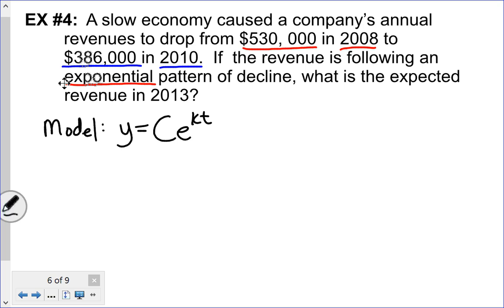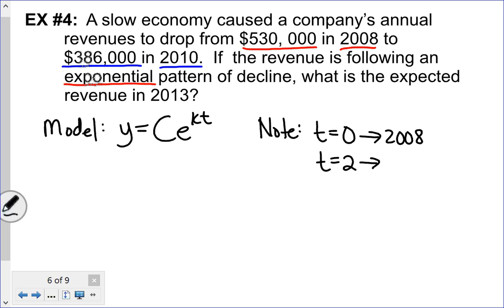So some things to make a note of. We're going to note that when t equals 0, that's going to be the year 2008. So we want to remember, when we use dates, we hardly ever use 2008 for the time. We would call that time 0. So therefore, t equals 2 is going to correspond to 2010. And so we'll end up using t equals 5 to find our answer, which is what we predict for 2013.